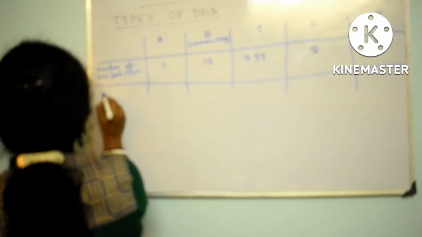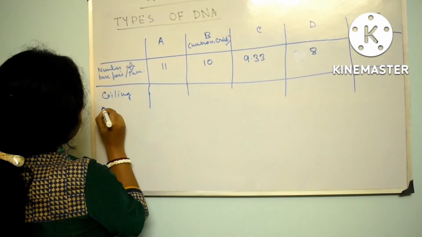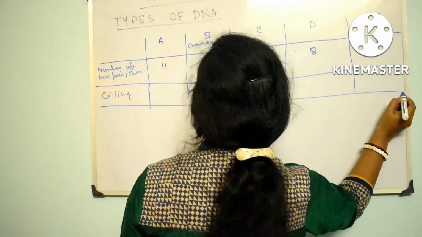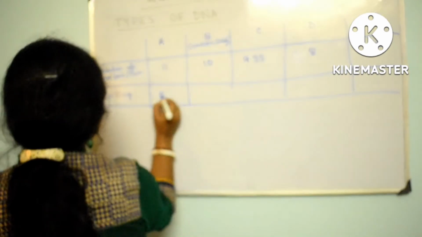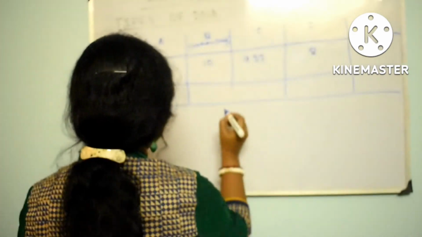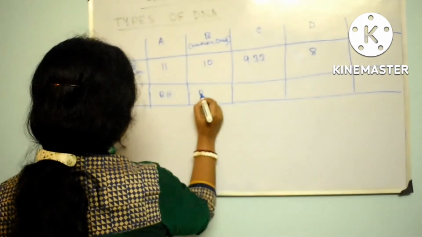Next point, coiling. Here, A-DNA has right-handed coiling, a clockwise coiling.